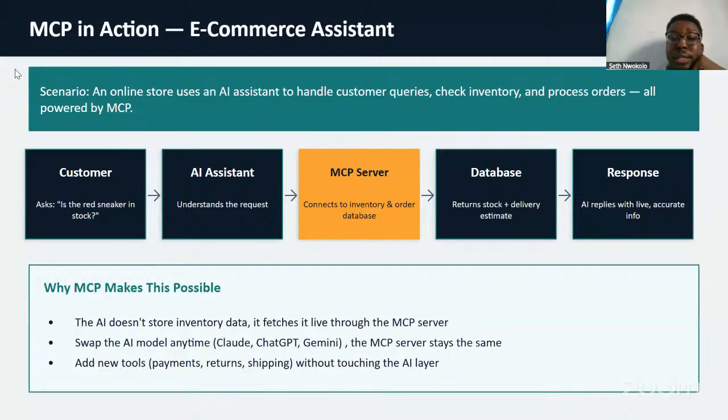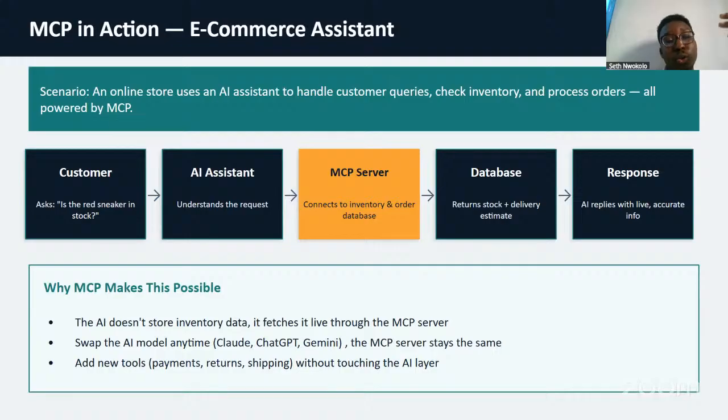Okay, so let's look at MCP in action. We have an e-commerce assistant. I just want to show you how MCP can be used in a real-world scenario, specifically in e-commerce. We have an online store that uses an AI assistant to handle customer queries, check the inventory, and process orders, all powered by MCP.